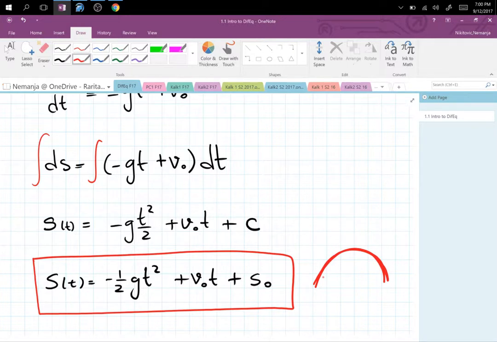There's no way that I can throw this marker diagonally or anything like that, because it has to end with parabolic motion. Yeah, I can throw the marker like this and it will go in a straight line with the initial velocity, but gravity will eventually win and it will go down.